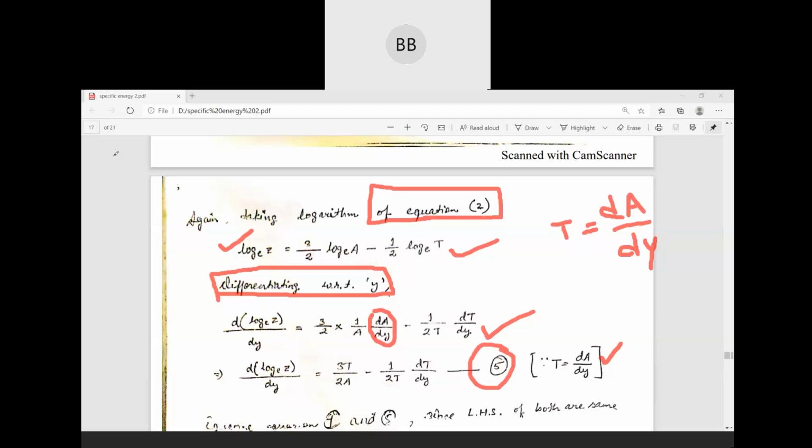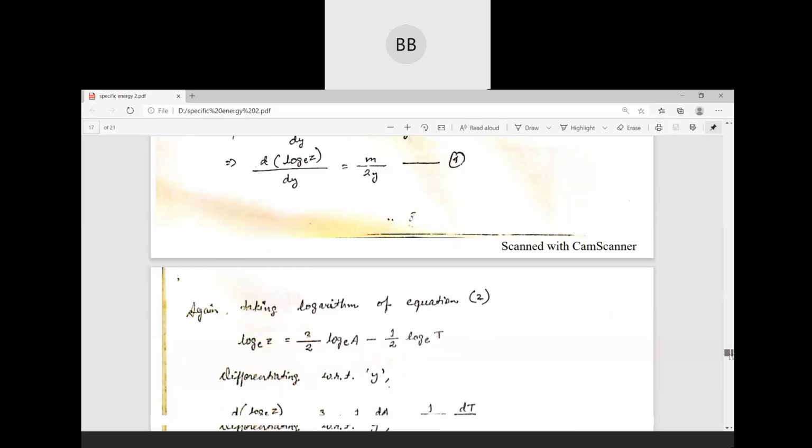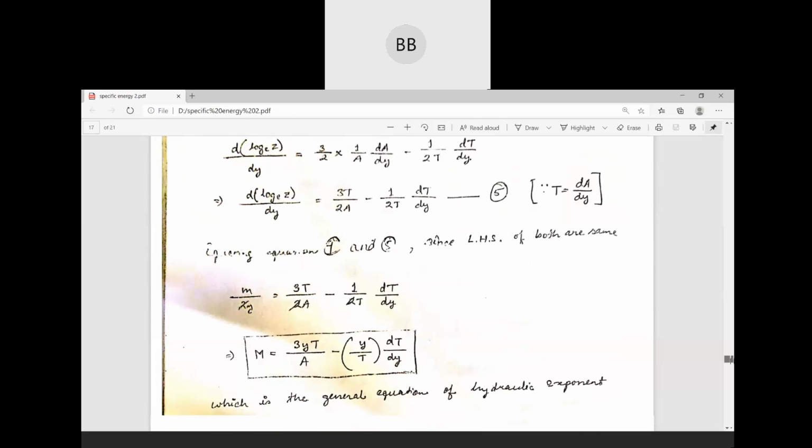If you see in equation 4 and 5, our left hand side are same. For equation 4, 5, left hand side is same. Equation 4, we have d log e z by dy is equal to m by twice y. So we are going to substitute here, m by twice y is equal to 3t by twice a minus 1 by twice t dt by dy.